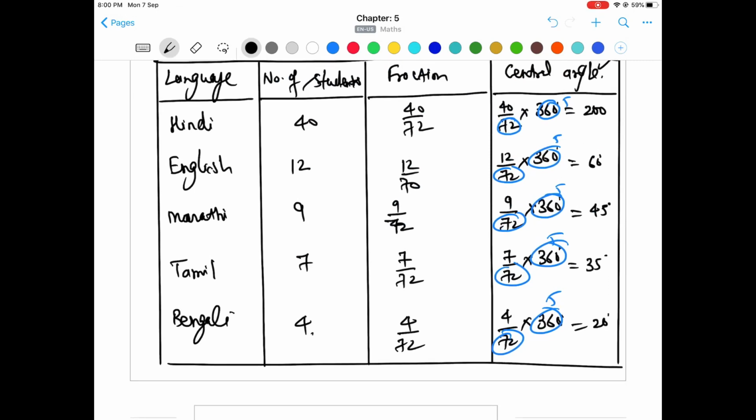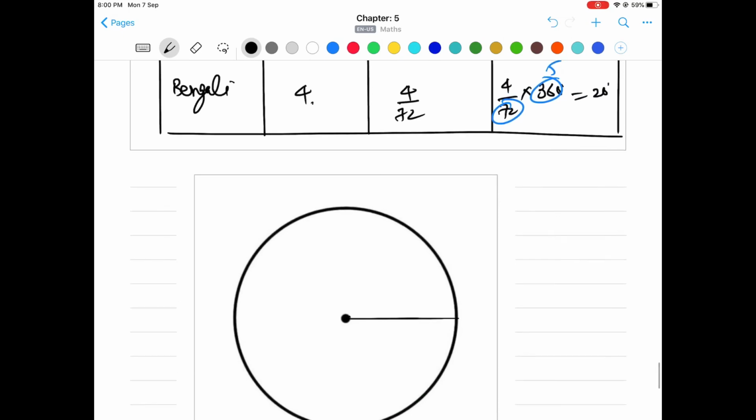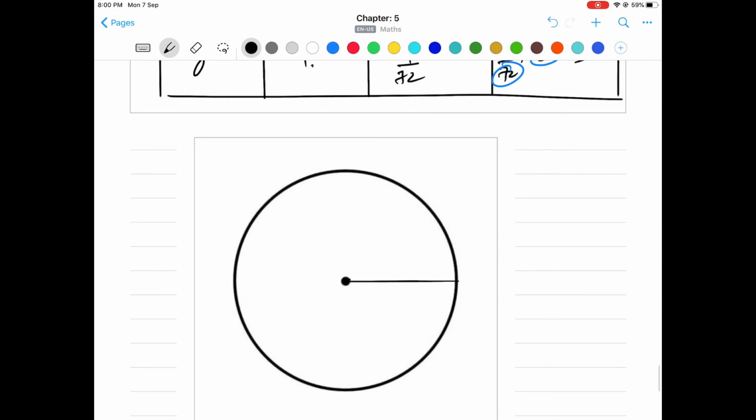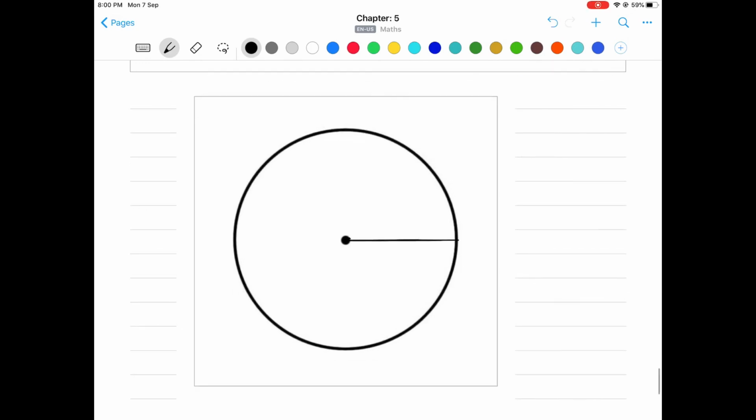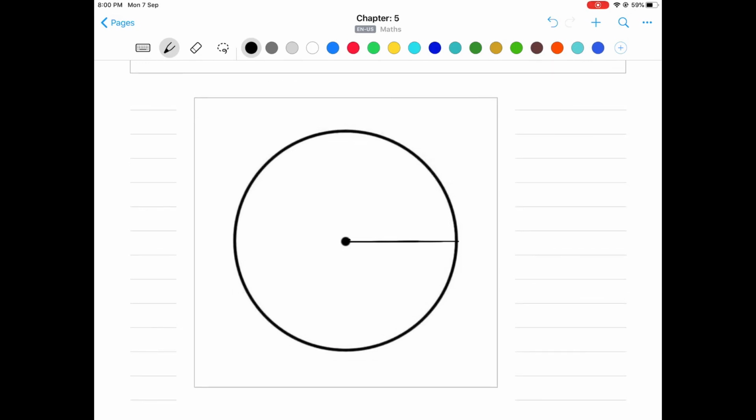So we'll draw this angle of 200 degrees. If we draw a straight line, that will be 180, so it will go beyond 180. That means it will be around here. So this is the central angle for Hindi.